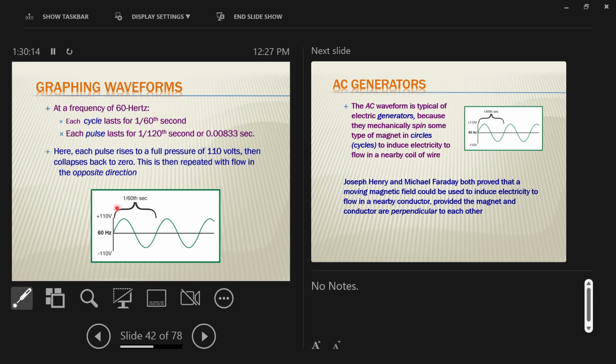So positive and negative is just direction, right? During the positive pulse, electrons are being pushed away from the power plant, and on the negative pulse, they're being sent back toward the power plant. It's direction, back and forth. So that's what the negative means in this case.